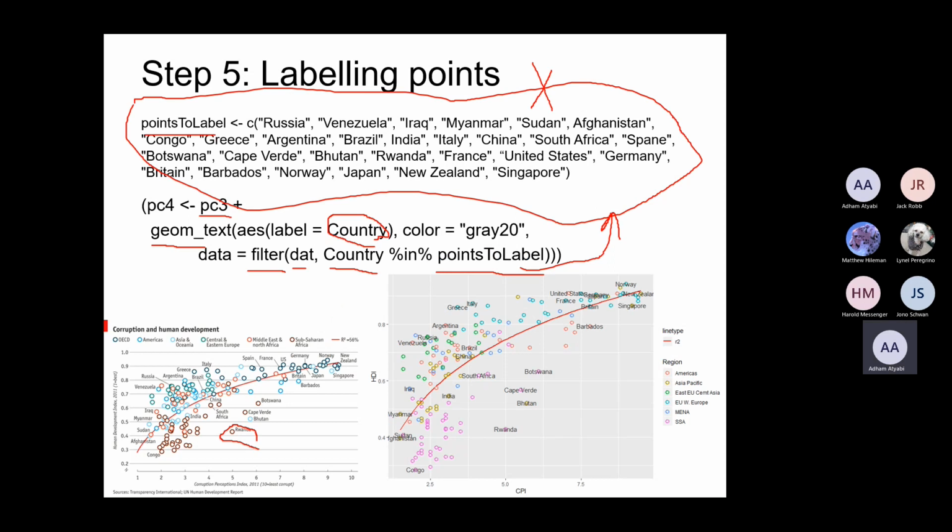This more or less gets the information across, but the labels are kind of overlapping. What we have to do now is use the ggrepel package to solve this problem for ourselves.